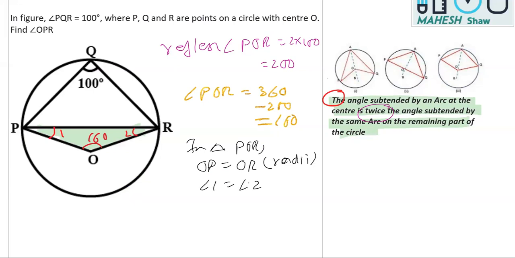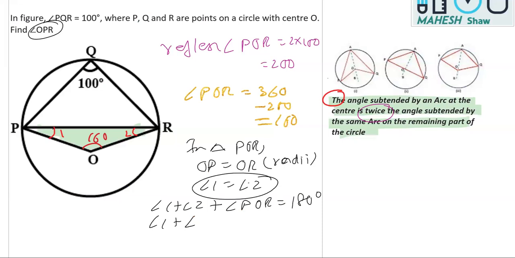Now we can apply the angle sum property here. Angle 1 plus angle 2 plus angle POR is 180 degrees. Since we are interested in finding angle 1, I keep 1 as it is and replace 2 with 1, and replace POR with its value, 160 degrees, which we have already calculated.